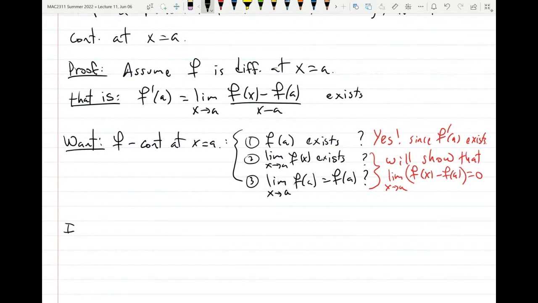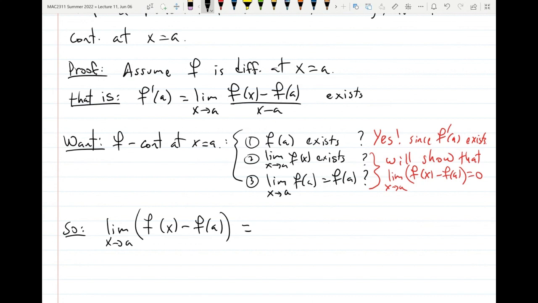So we have the limit as x approaches a of f of x minus f of a. I want to compute this limit. And my job is to show that this limit is 0. All right, so let's do it. Why am I doing this instead? Well, because notice that this is exactly what we have in the top of that limit, right?